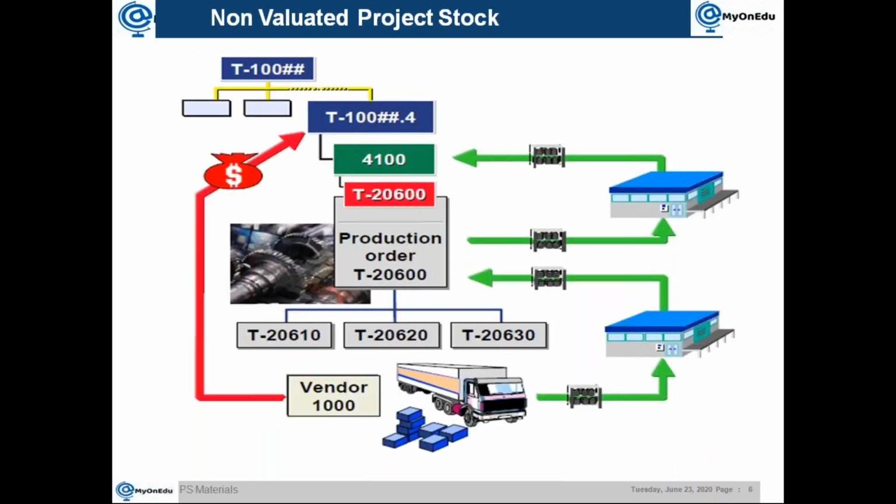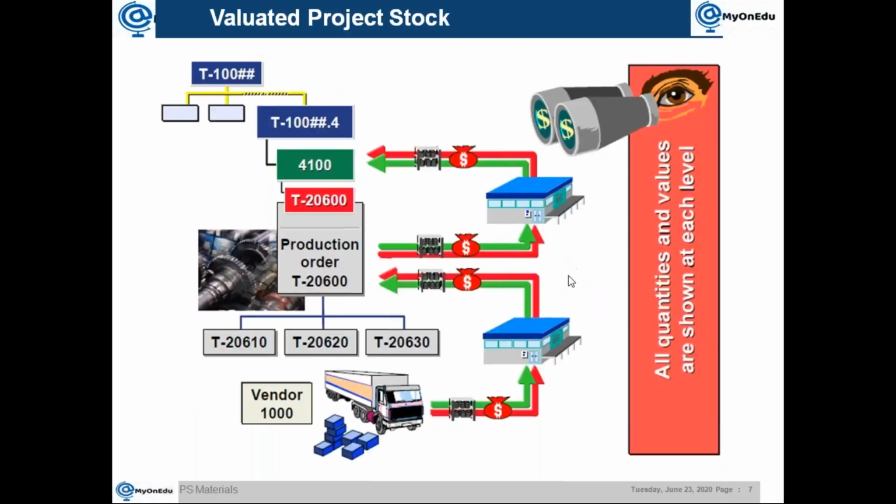So what happens if you are buying a material to the stock, if it is non-valuated, means while receiving the goods, that stock cost will be loaded to the WBS element. Here only the quantity movement will be tracked. But if you are talking about a valuated stock, basically the quantity along with the value will flow.